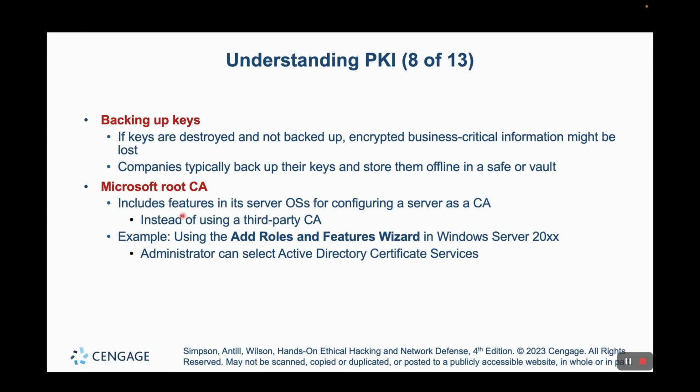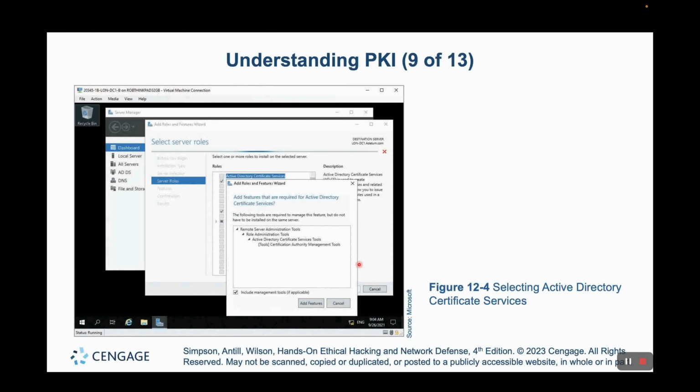It includes features in its server operating system for configuring a server as a CA. Instead of buying a third-party CA, you could use Microsoft Certificate Services. Simply go into the settings, add roles and features wizard in any server, and then select Active Directory Certificate Services.